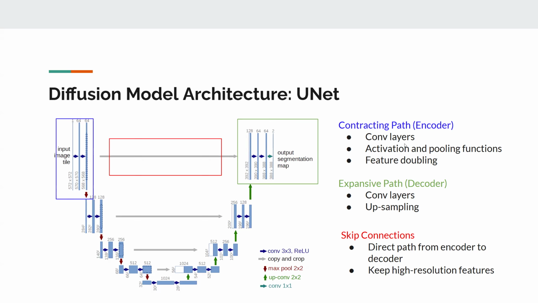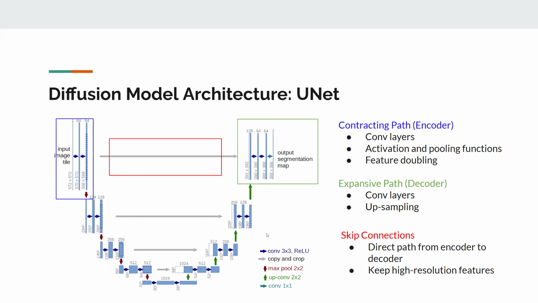So a U-net is composed of three parts. The contracting path, which is the encoder, consists of convolution layers, activation and pooling functions, and feature doubling. And then you have the expansive path, which is the decoder, which takes the encoded information and then decodes it. It consists of conv layers or upsampling.